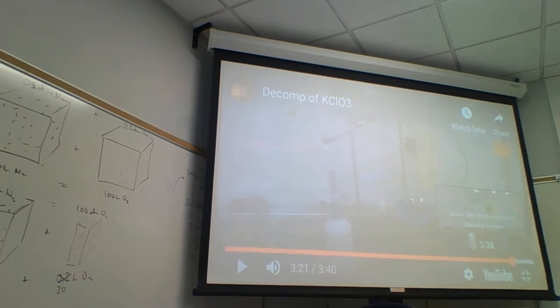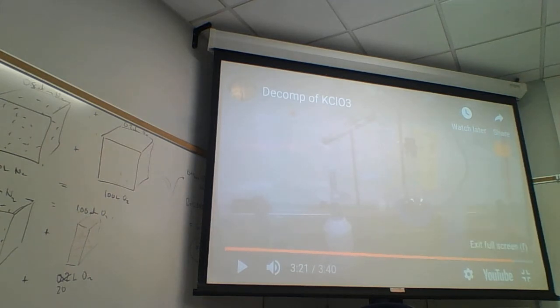So we'll end up forming 3 halves oxygen. KCl is a solid. So we'll just double everything. So we end up with 2 KClO3 solid goes to 2 KCl solid plus 3 O2 gas. And so we should be bubbling off pure oxygen gas.